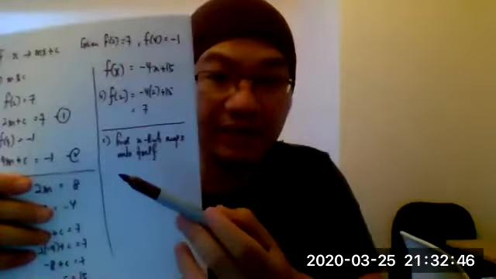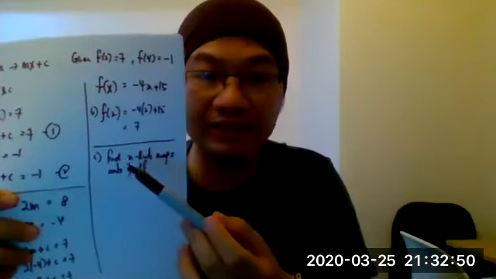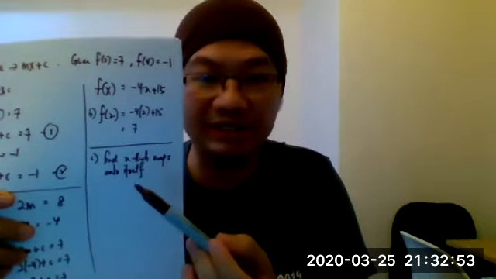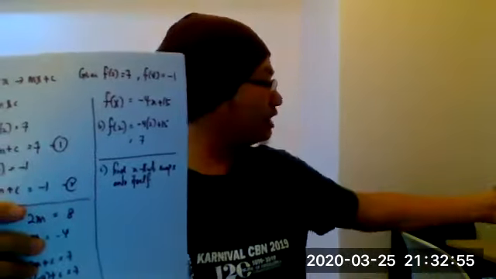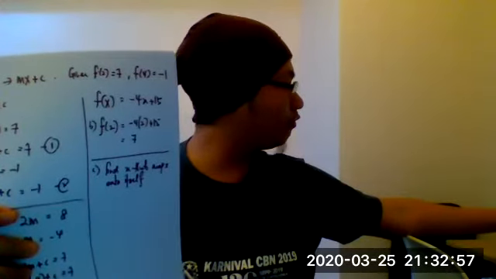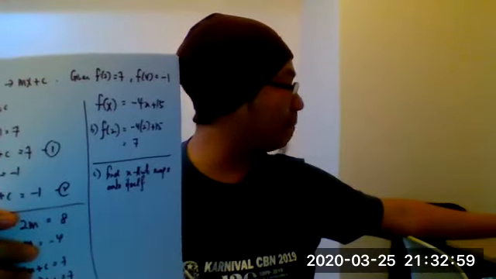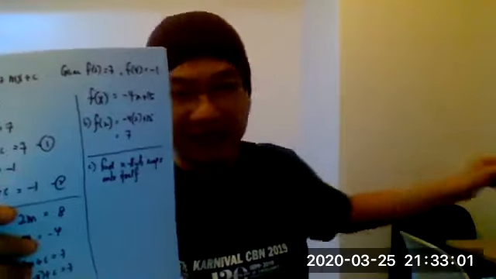Now if you see this kind of soalan, find the value of x that maps onto itself, or a question like 5C, the value of x that is unchanged under the mapping of f, they are similar questions actually.